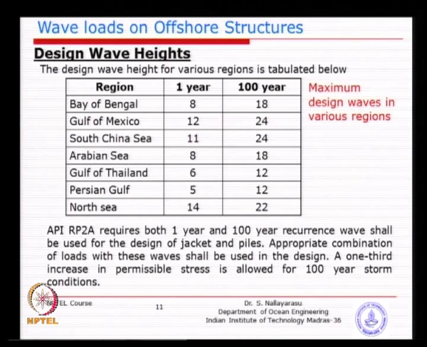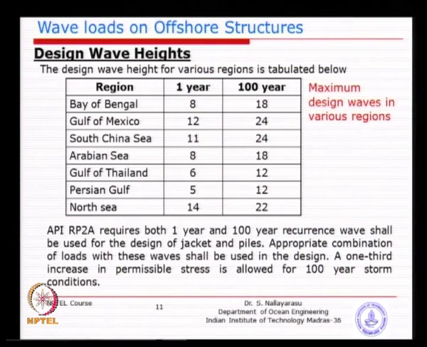The difference between 1 year and 100 year, I think we spoke about it the other day, is the recurrence interval or the return period, at least one time it will occur during the design period that you are taking. So, a 1-year wave is going to occur more often within the design life compared to a 100-year wave, which could occur one time or less. Why we take this 1-year and 100-year requirement is basically, I think we discussed the load combinations the other day.